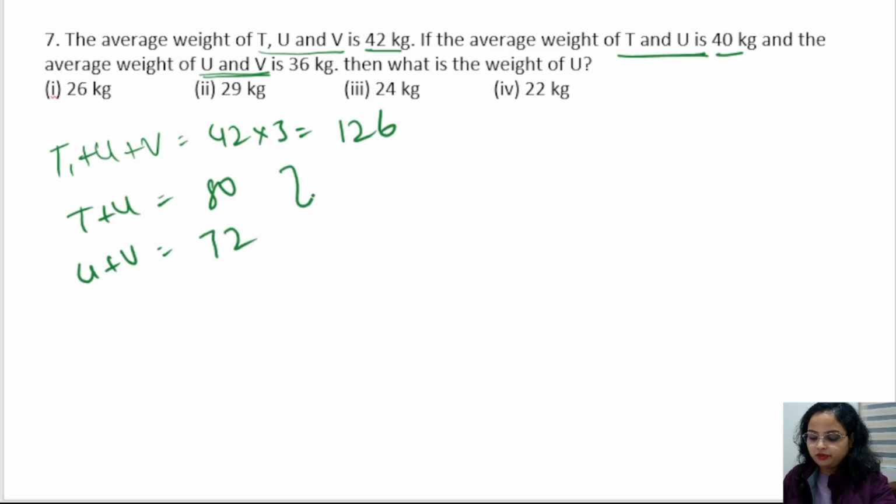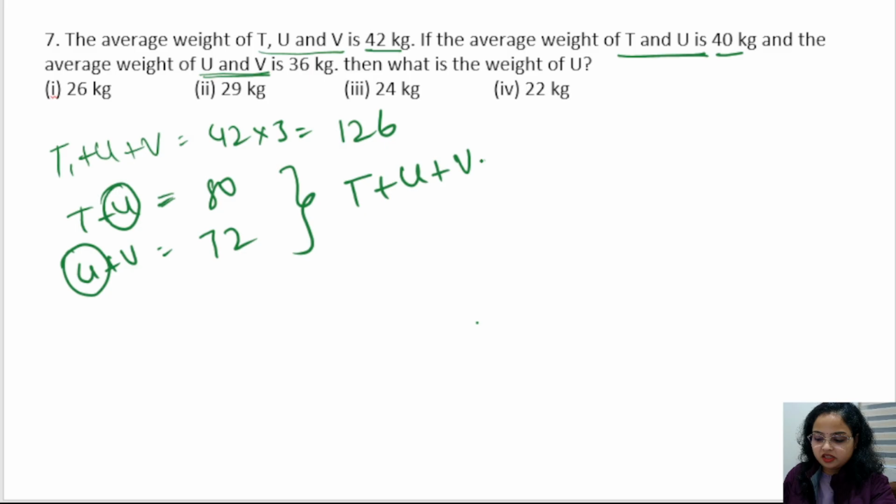Okay. So here if you see in these last two equations, we have U 2 times. So if you add these two equations, what you will get? T plus U plus V plus U is equal to 80 plus 72. Here we have U 2 times.